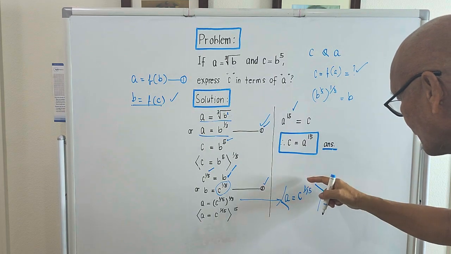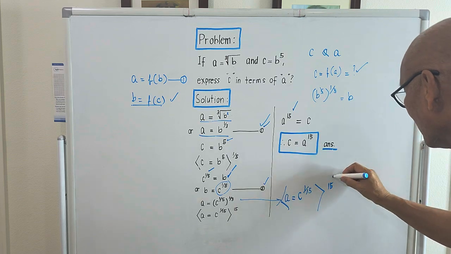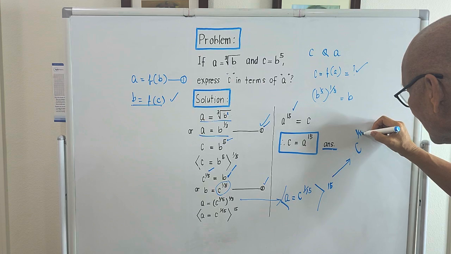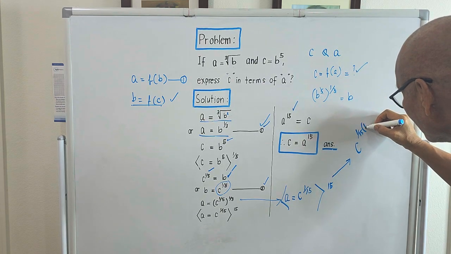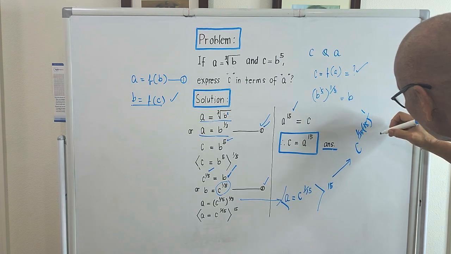And c raised to 1 over 15, raised again to the 15th power: we multiply the exponents, 1/15 times 15, so this cancels and becomes 1.